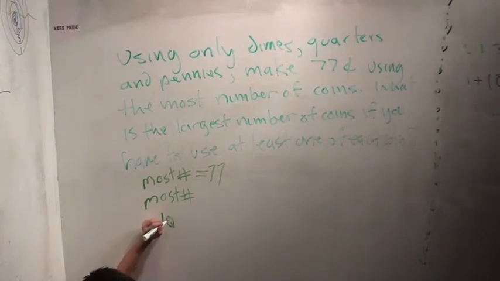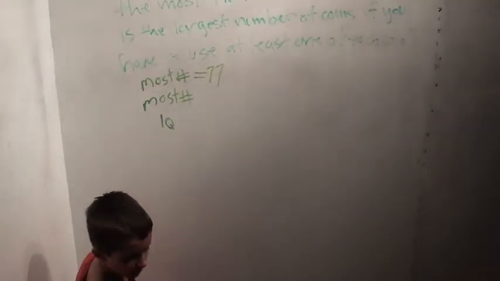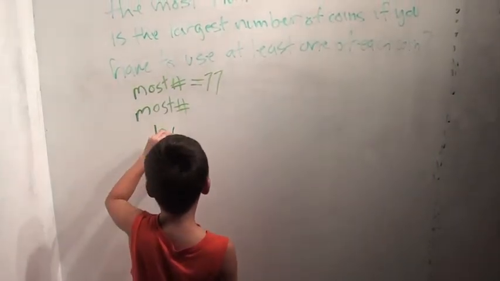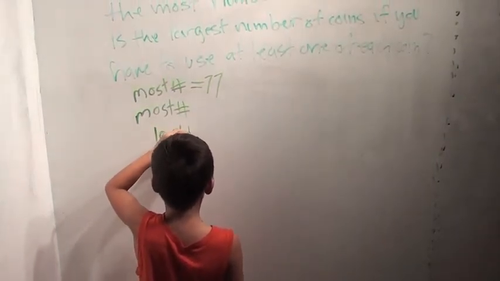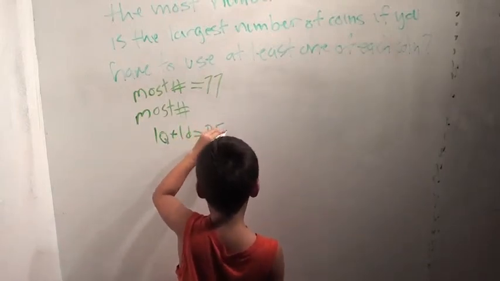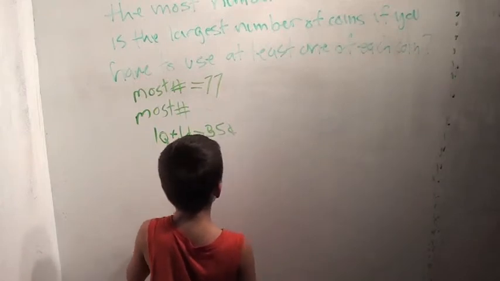I'm calling the quarters Q, the dimes D, and the pennies P. So 1 quarter plus 1 dime equals 35 cents.